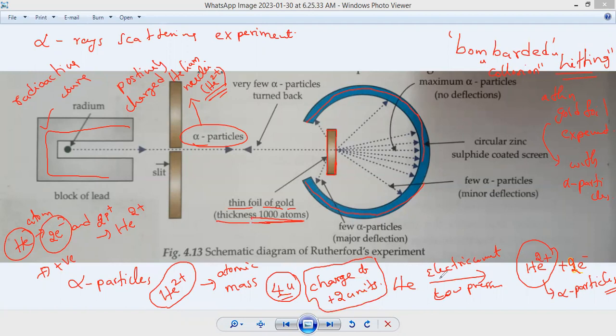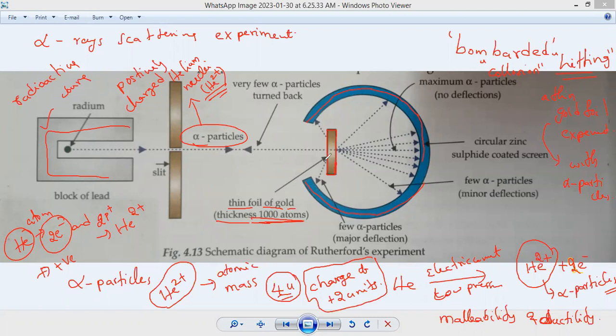Gold is the most malleable in nature. Ductility and malleability, you might have studied in class 8. Do you remember, everybody? Yes, sir. Without breaking. So that is why he has chosen gold, because we can make it extremely thin, as it has high malleability and ductility.